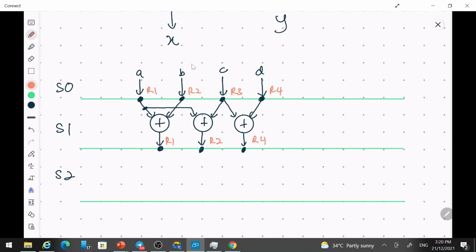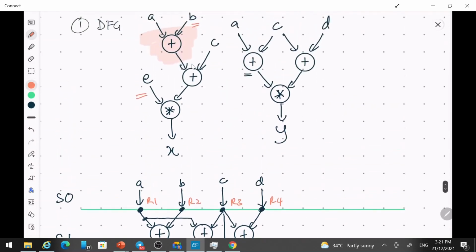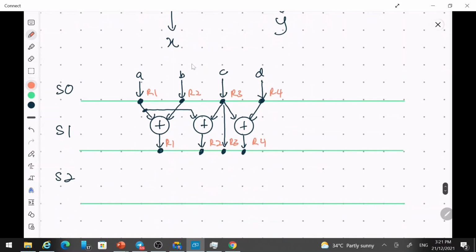And R3, we still need the content of R3 to be brought to the next clock cycle, because we still need to add R3 with the result of this operation, right?